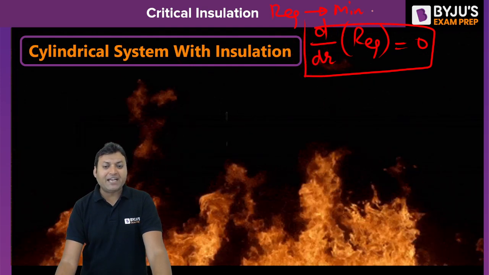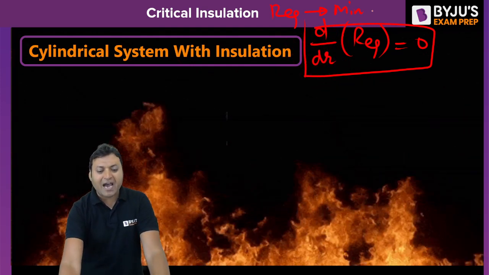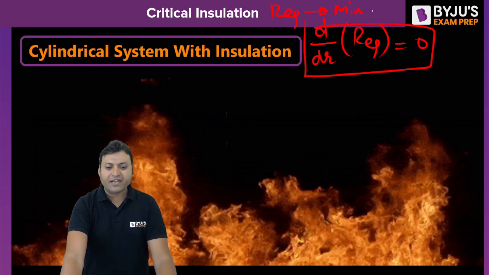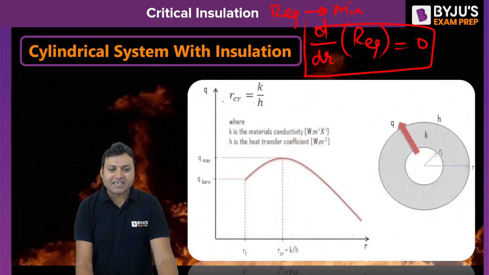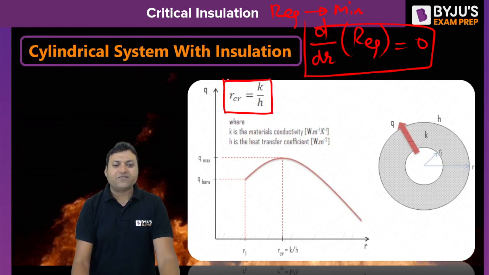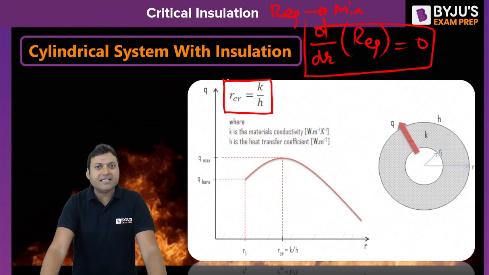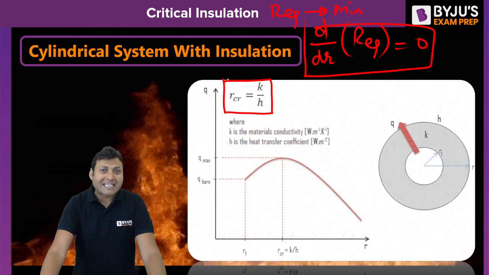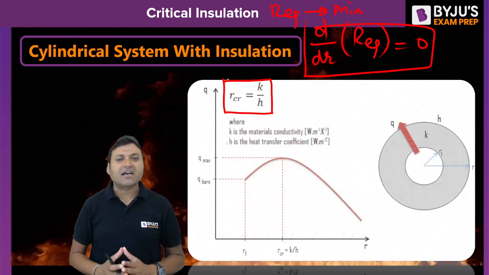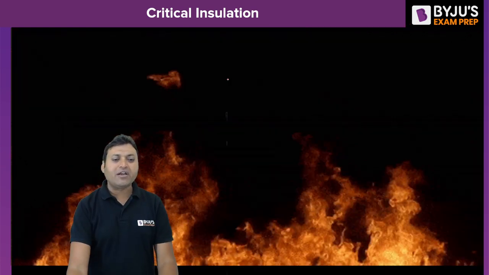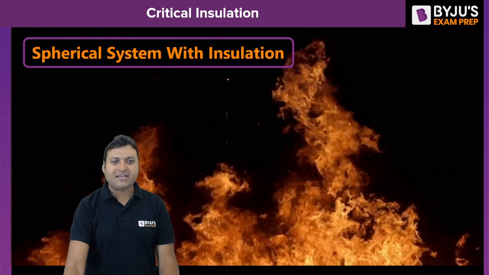So if we differentiate R equivalent with respect to R, we can find the value of RCR. The critical radius of insulation for a cylindrical system will be K by H, where K is the thermal conductivity of the insulating material and H is the convective heat transfer coefficient of the outside fluid in contact with the insulating material.